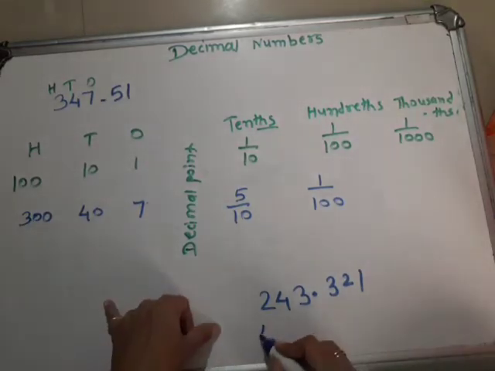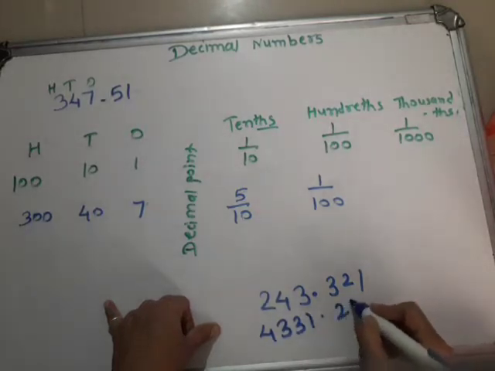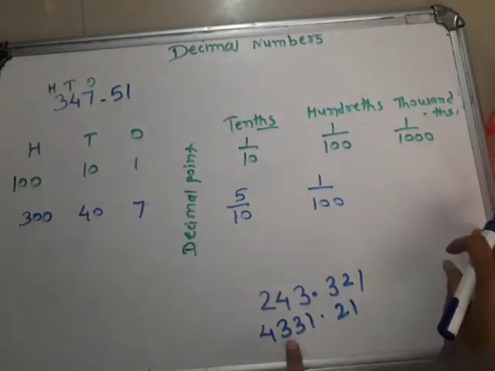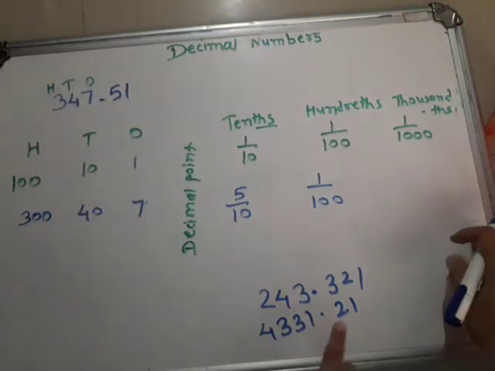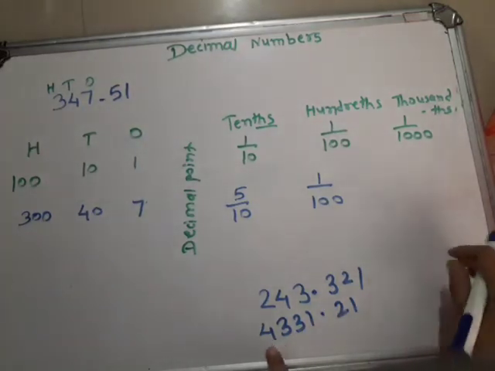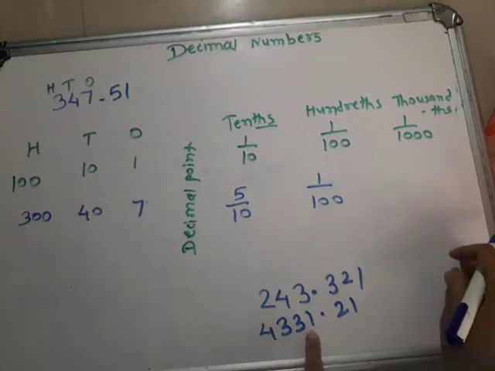Suppose the next number is 4331.21. We read 4331 as it is, but after the decimal point we read the digits separately. In this way you read this number.